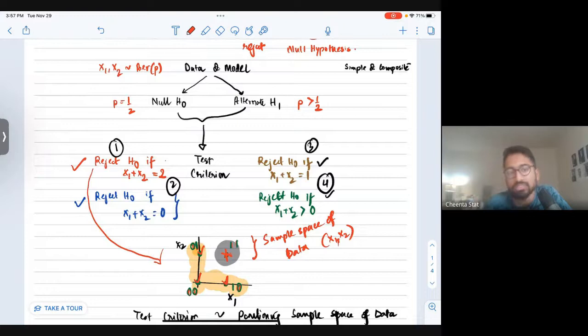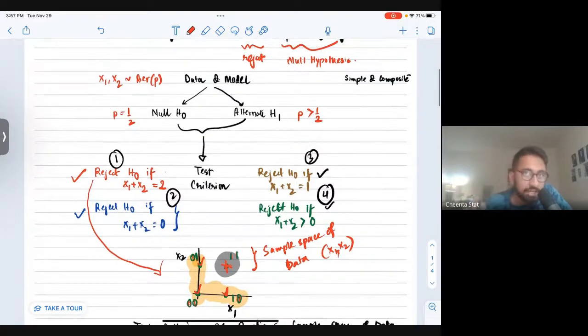Now, how to understand which is best? When will we reject H naught? We can reject H naught even at 1 or 2. Or when we increase the data, we can reject H naught at any point greater than n by 2.